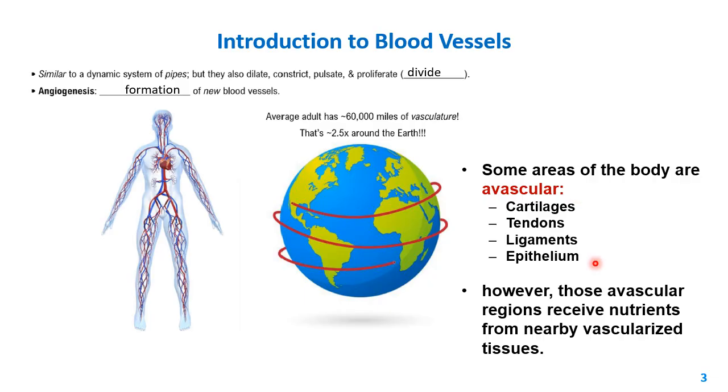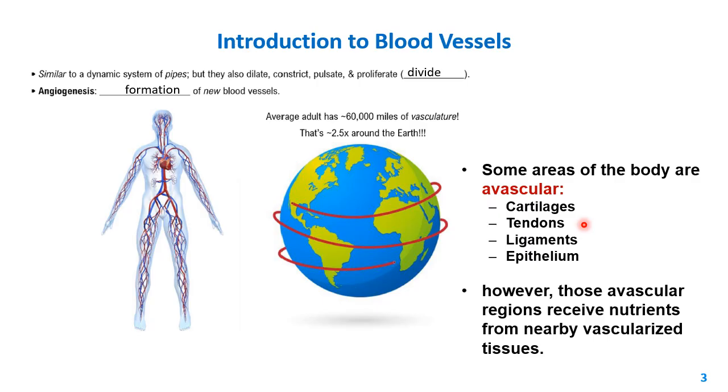Remember, if you took AMP1, one of the first types of tissue that we looked at was the epithelium, right? We know that the epithelium, like the very top layer of your skin, doesn't have blood vessels. So those are avascular tissues.